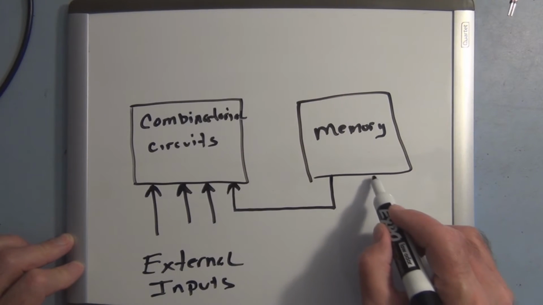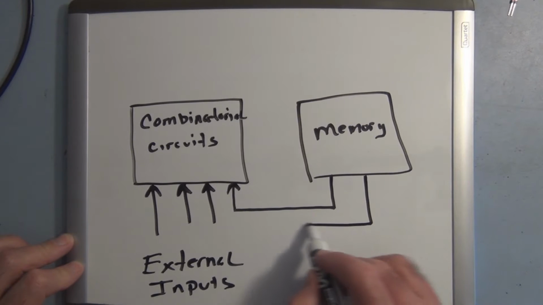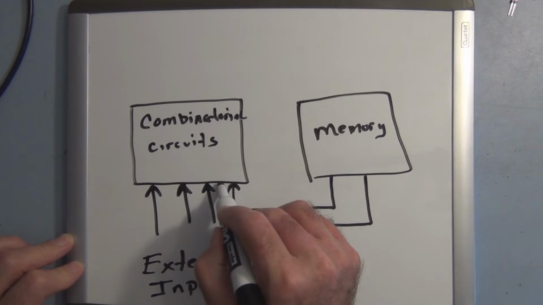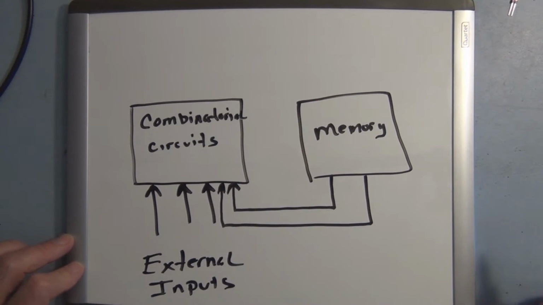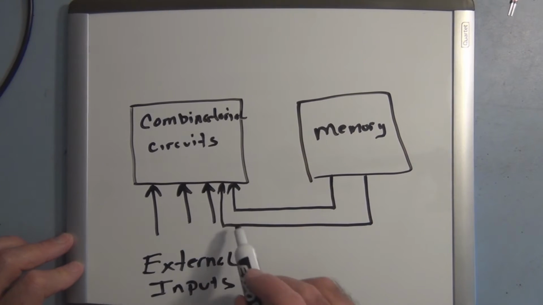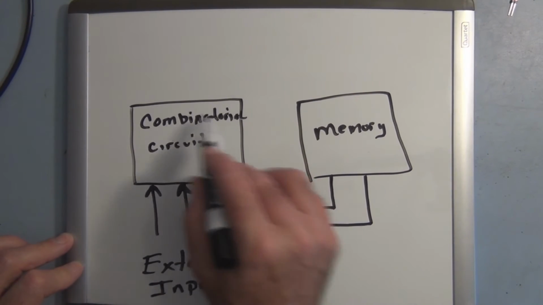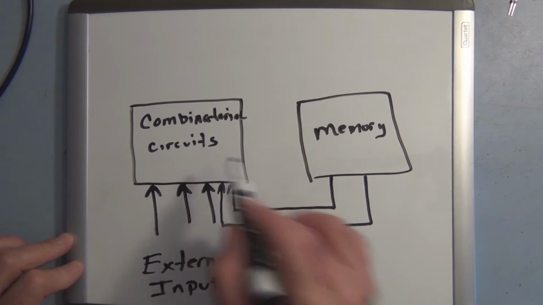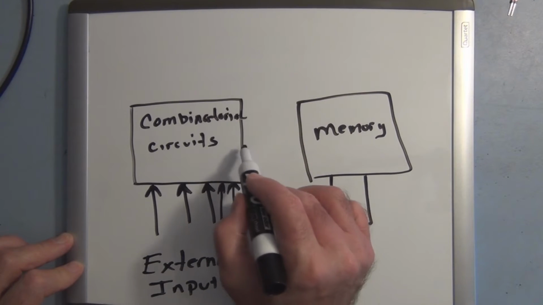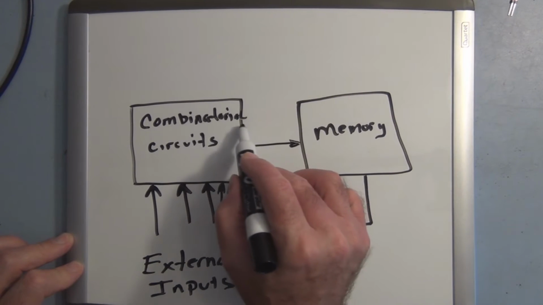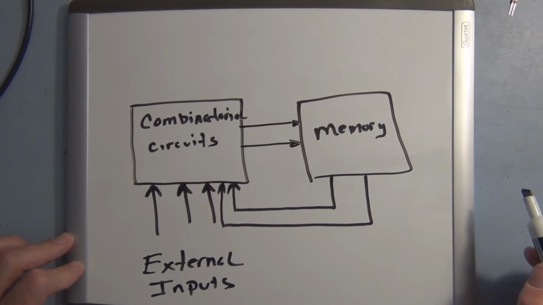So some information has been stored from some previous data collection. And so in combination with these external inputs, some decisions are made in the outputs of these combinatorial circuits, and those results get fed back into memory to be stored at a later date.